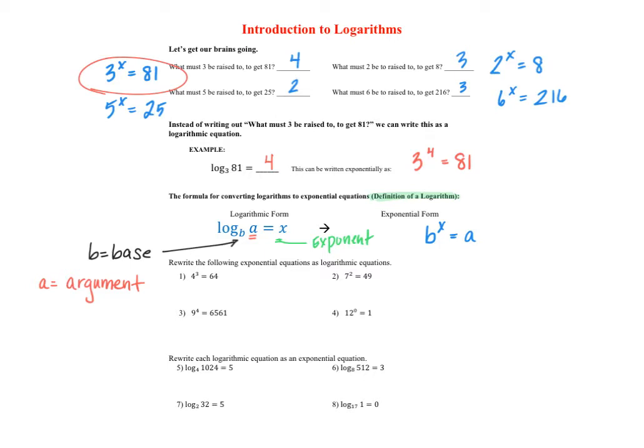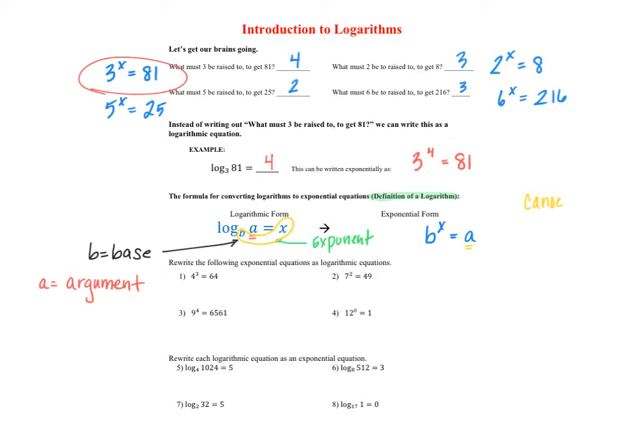I think about this in an interesting way: I always think about a canoe. It's a little trick, but I look at it like this: b raised to the x is equal to a. My base raised to my exponent is equal to a, and again, my a is called the argument. So in the next two sections, we're just going to focus on switching our forms.